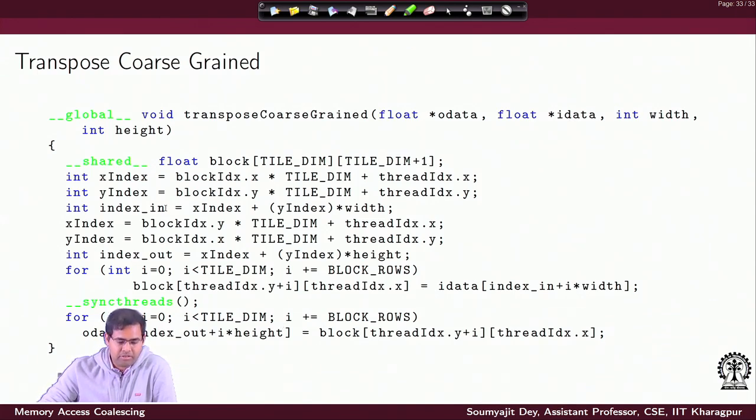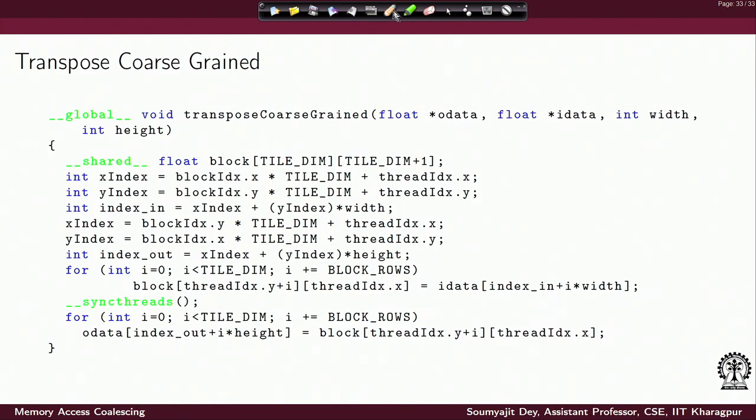Now the difference is this index in is the original usual consecutive location index, but when I use the index out, I have flipped the blocks using the first part of the switching, but I am not using the second part of the switching. Here I don't read by column, I read by row from the tile. So this is the coarse grain transpose.